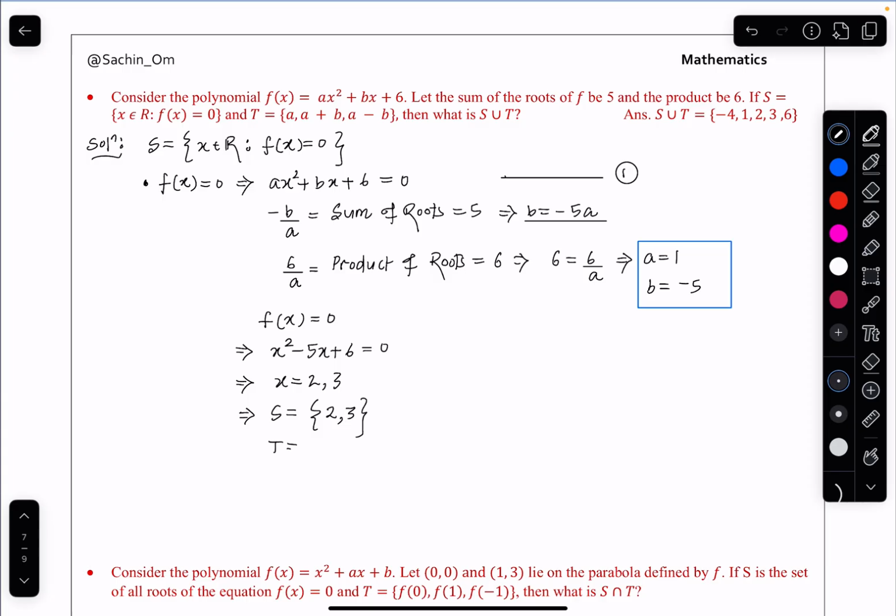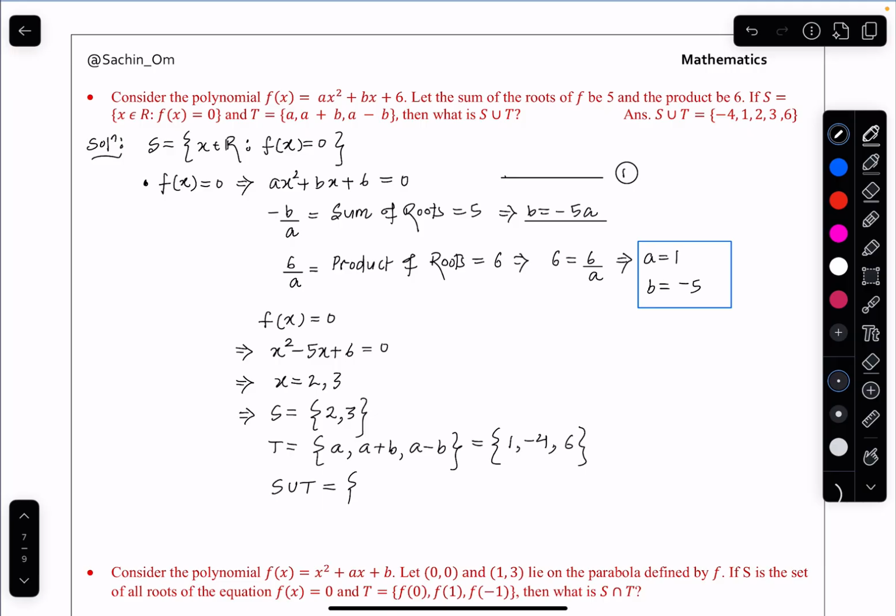In the set T, we are taking elements of the form a, comma a plus b, comma a minus b. Now a is 1, a plus b is going to be minus 4, a minus b is going to be 6. So these are the two sets we have, S and T. Now S union T is what we want to talk about.